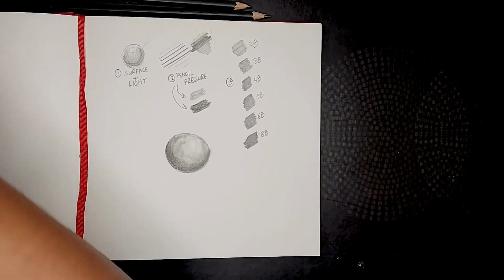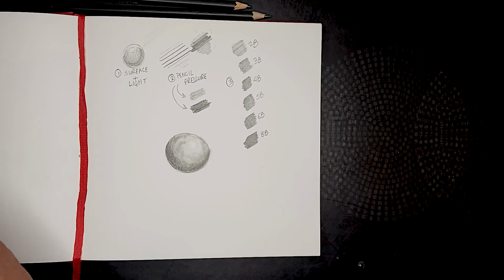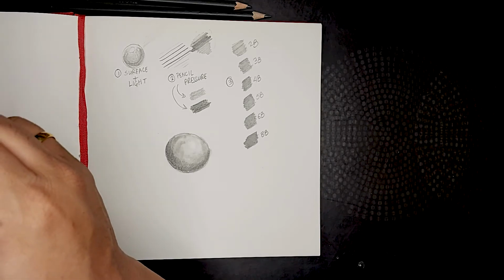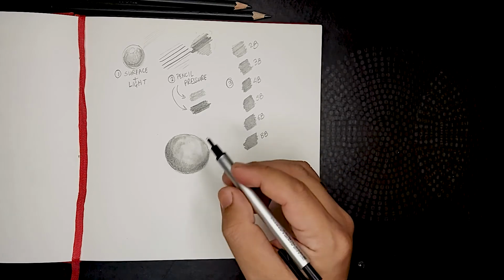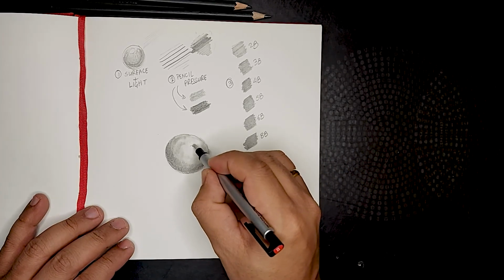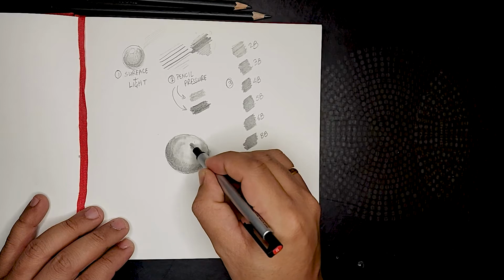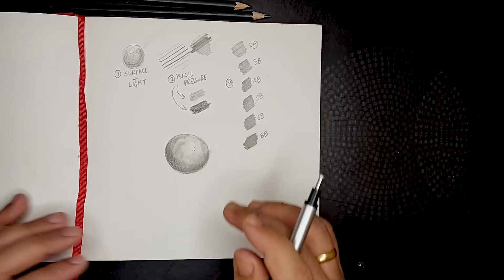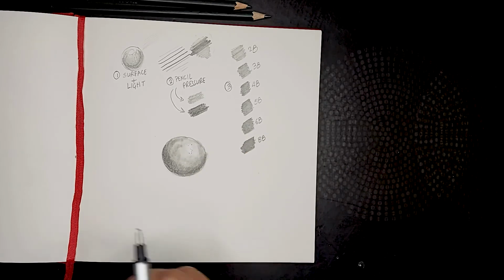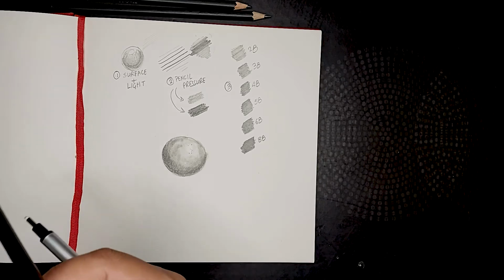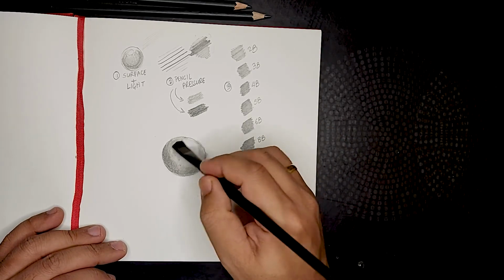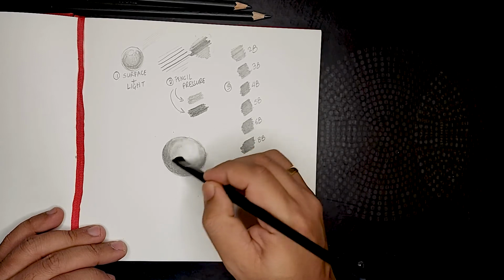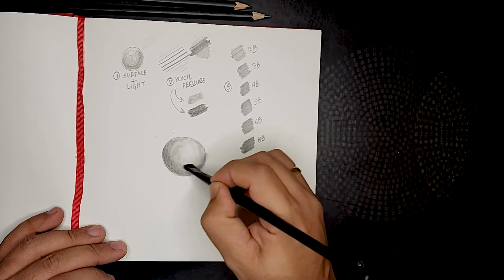And of course I am also using the Tombow Mono eraser, which is an eraser with a very sharp tip or nib. So I can easily erase this part. Another thing I am also using is this kind of makeup brush. So you can also do even further smudging with this kind of thing.